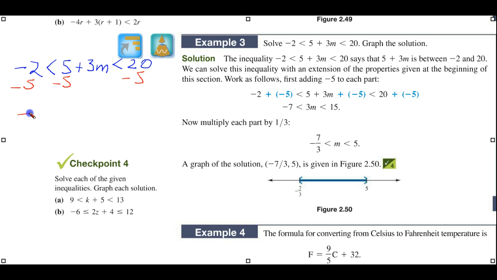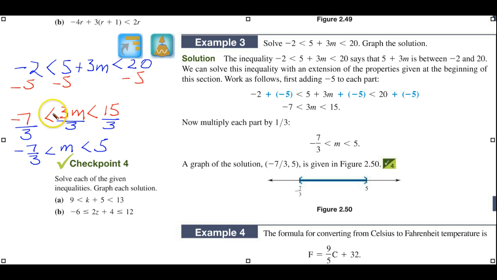We then get negative 7 is less than 3m, is less than 15. And now to isolate the m, we divide by the numerical coefficient of m, which is 3, and we get negative 7/3 is less than m is less than 5.